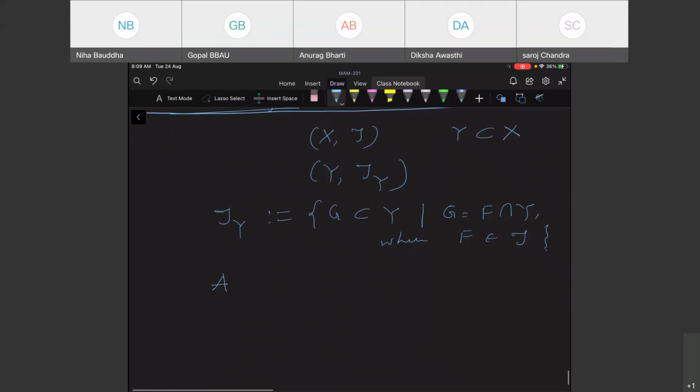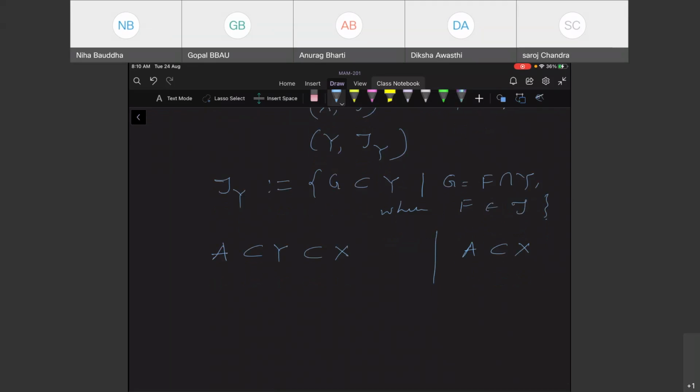Now we have a subset A of Y, and Y is a subset of X. So you have two things: A as a subset of X, and A as a subset of Y. You know the definition of closure of A as a subset of X. So how do we define closure of A as a subset of Y?